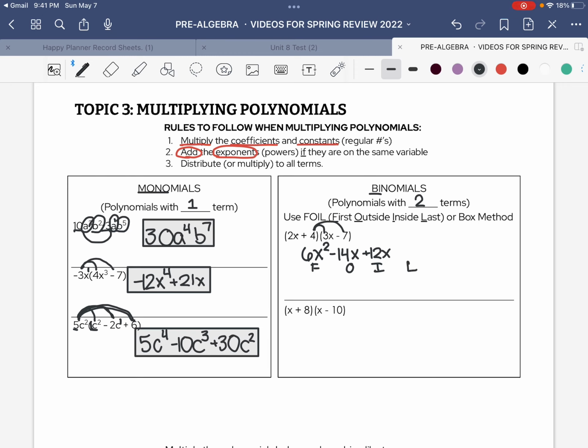That's the L. And 4 times negative 7 is negative 28. Then you just have to make sure that you add together these two right here in the middle because they're both x's. Negative 14 plus 12 is negative 2x. And then the negative 28 at the end and the 6x squared in the front stay there as part of the answer.